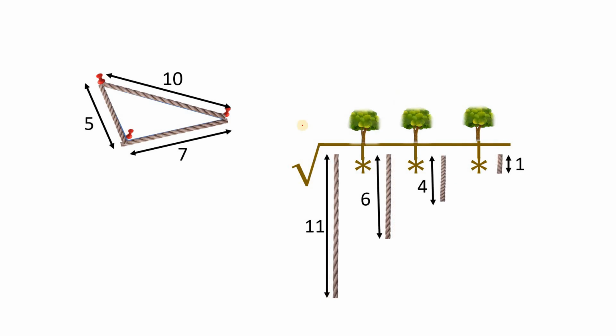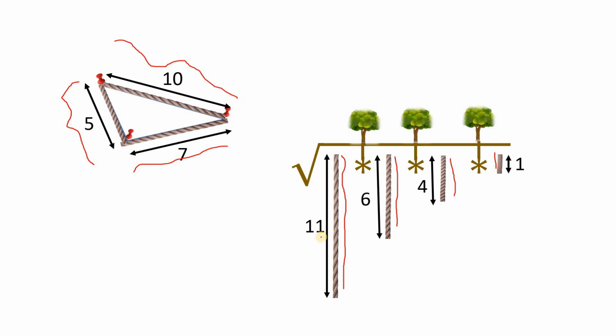Now the main part is measuring the length of the rope. We can use a scale to measure the length of all these leftover ropes, and we also measure the lengths of the sides of the triangle like this.